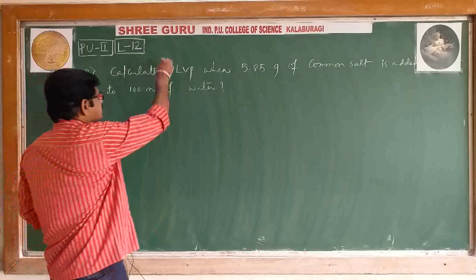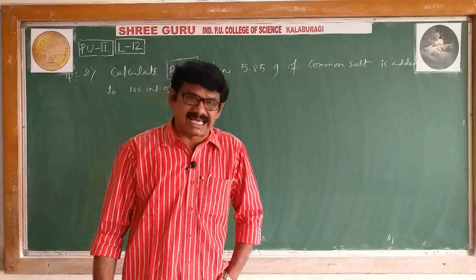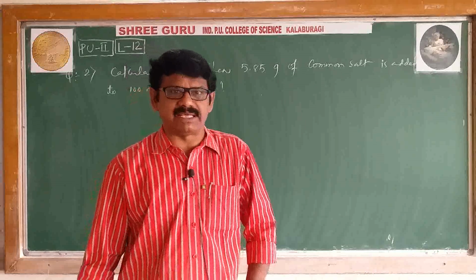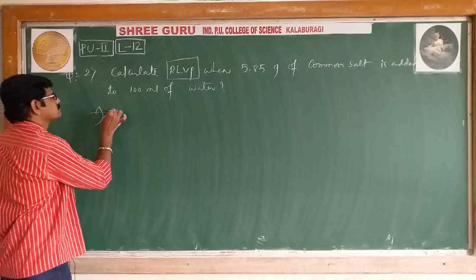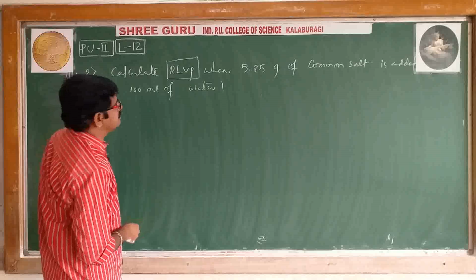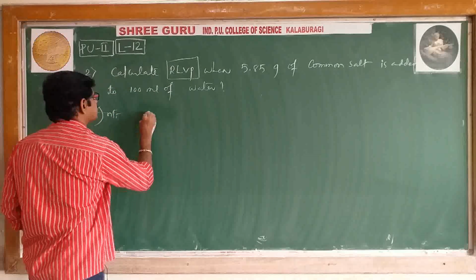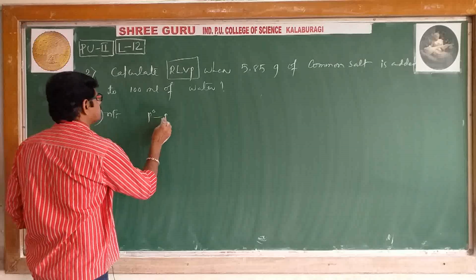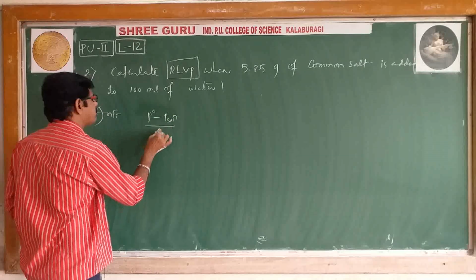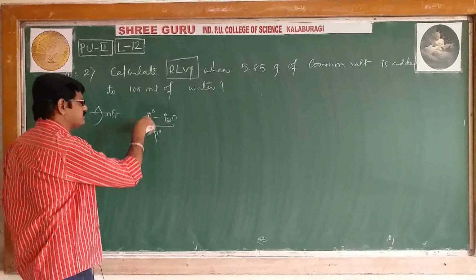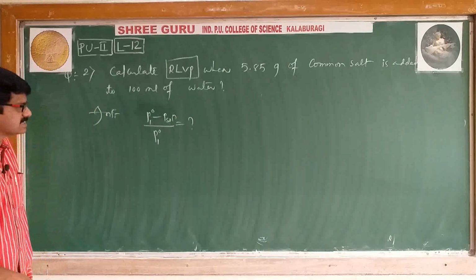Here it is directly asking for the relative lowering of vapor pressure, nothing but P naught minus P solution by P naught. We will write the given data. The question is relative lowering of vapor pressure, that is P naught minus P solution by P naught, which is equal to question mark, that is only what is asked.